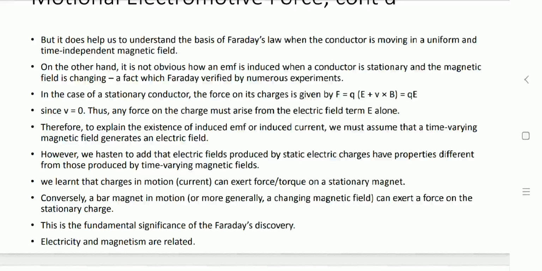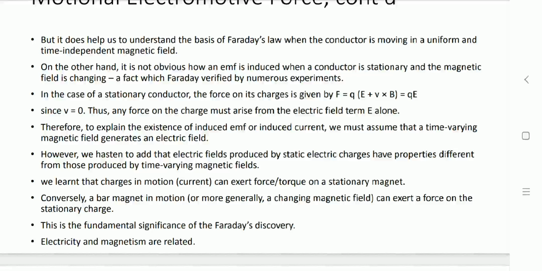If the conductor PQ rod is not moving and we are changing the magnetic field, the total force is Q into E, the electric field force, plus the magnetic field force Q V cross B. But the magnetic field is changing, B is changing, right?